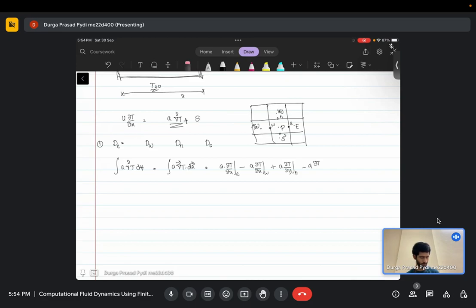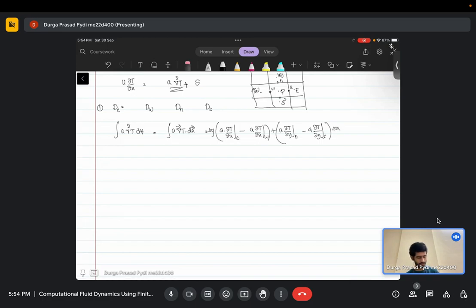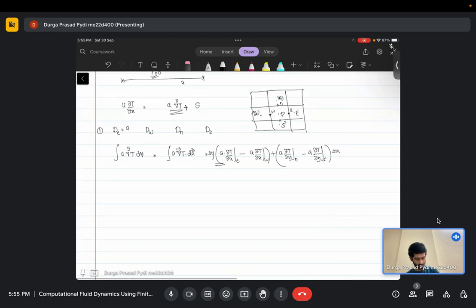I've just left out the areas here, so this will be correspondingly multiplied by the areas. Both of these are multiplied by delta y and both of these by delta x. So if you group the terms, D east is the coefficient of this, so that will be A times delta y by delta x. D west will also be similar, D north is delta x by delta y, and D south is similar.